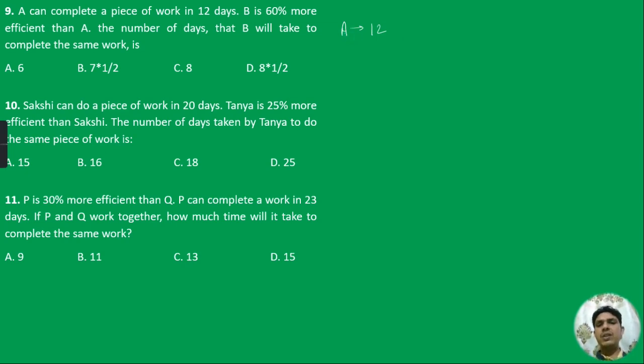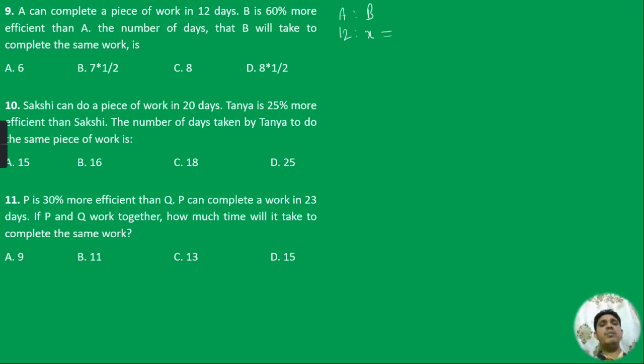So student, this question is more easier with the help of ratios. If we check for ratios of number of days, right? Now let us assume that the number of days taken by B is X.